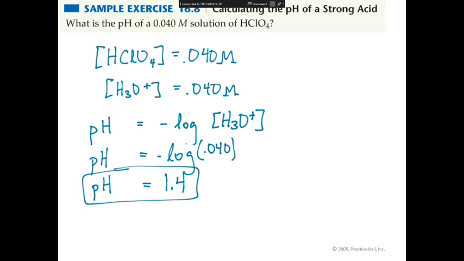All right, so obviously this solution is acidic because it's a strong acid dissolved in solution. If you put any strong acid in the solution, even just a small amount, you're going to get an acidic pH.